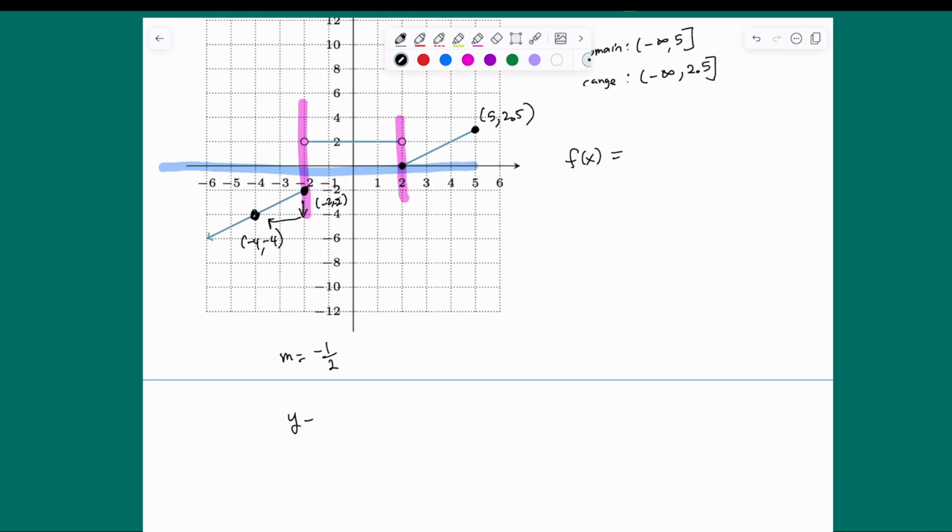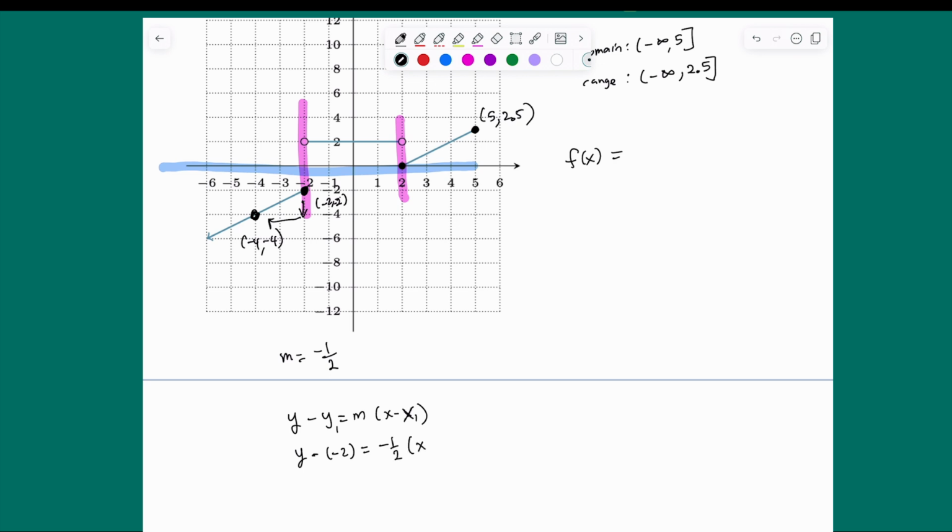So y minus, well, let's check that point at -2, 2. So we'll use the, what is it called? The point-slope form of the line, which just looks like this. And I'm going to use the point -2, 2. So I have a 2 for the y1. And my slope appears, just from going down 1 to the left 2, to be -1/2. And then x minus x1.